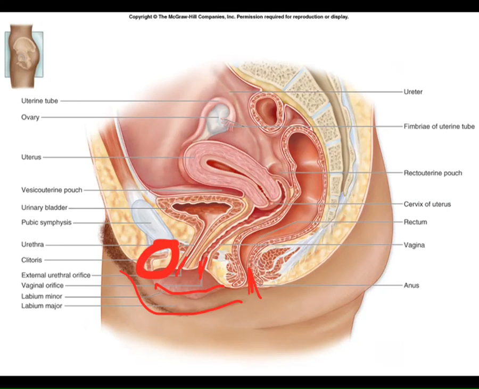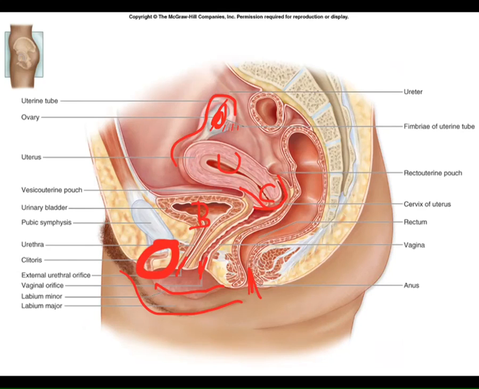This is the bladder, and this is the uterus. The part of the uterus that projects into the vagina, the neck-like structure, is the cervix. Little finger-like structures are the fimbriae through the uterine tube, oviduct, or fallopian tube, all the same. And the white structure here is an ovary. Good.